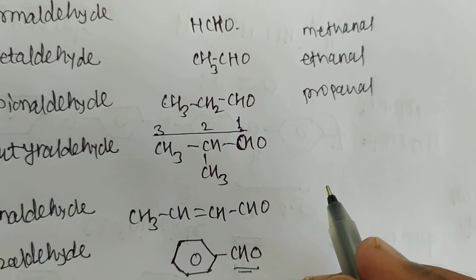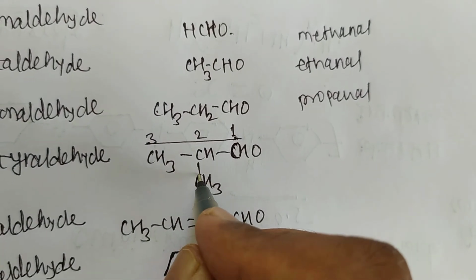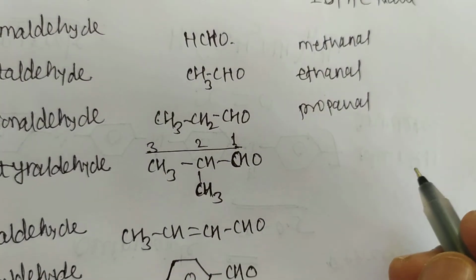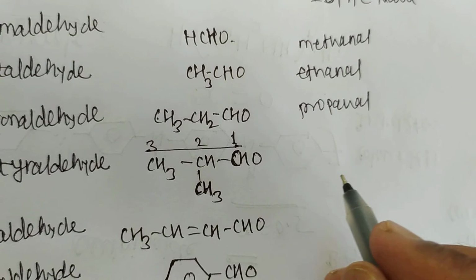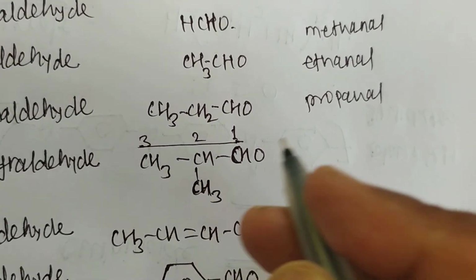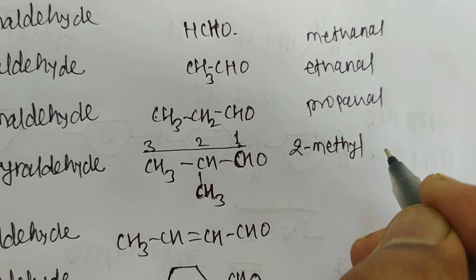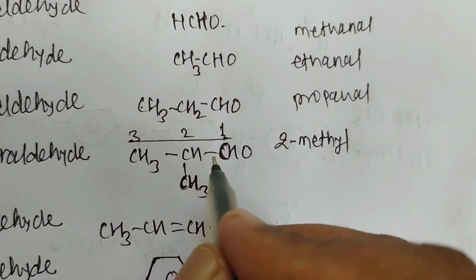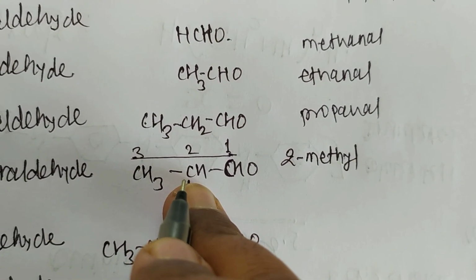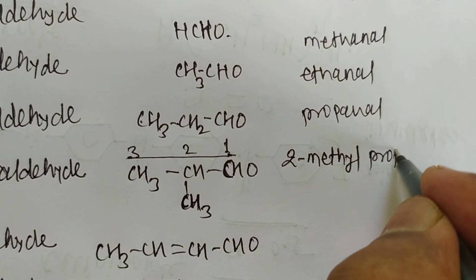Then the substituents are identified, and the IUPAC name is given to that compound. Here at carbon number 2 a methyl group is present, therefore first we write 2 methyl, and this longest carbon chain is the derivative of propane, therefore it is named 2 methyl propanal.